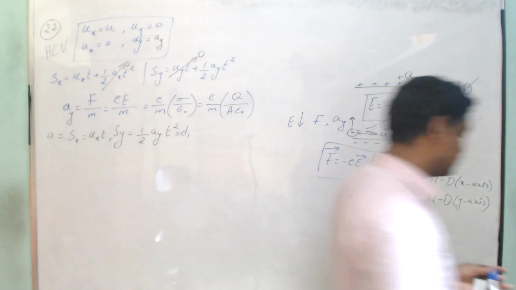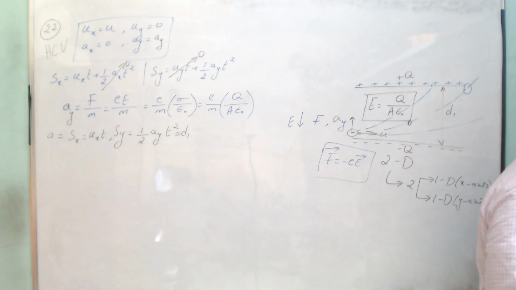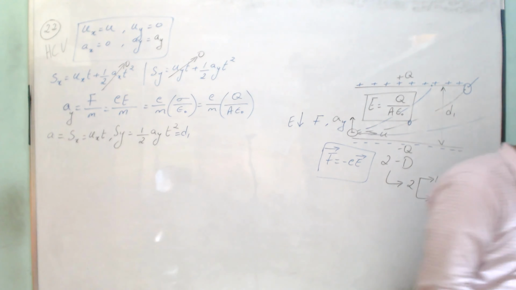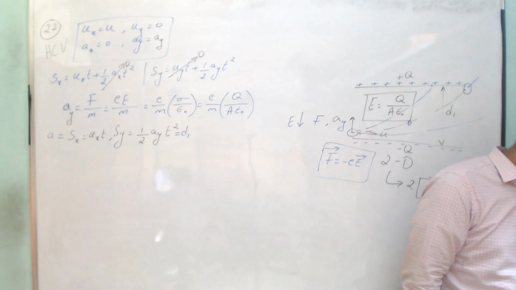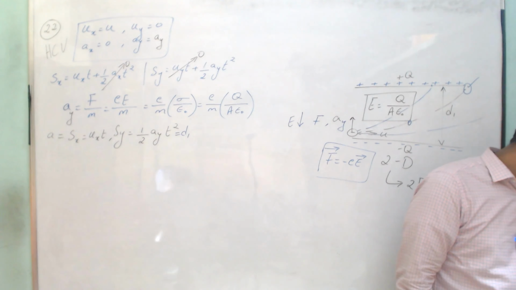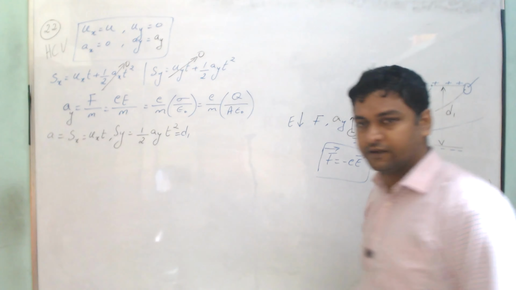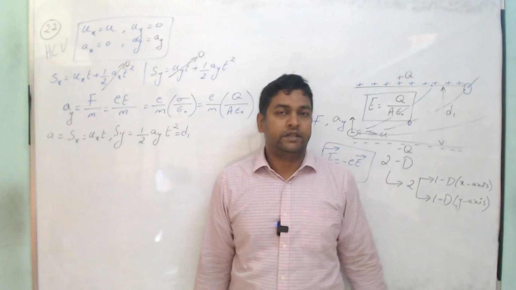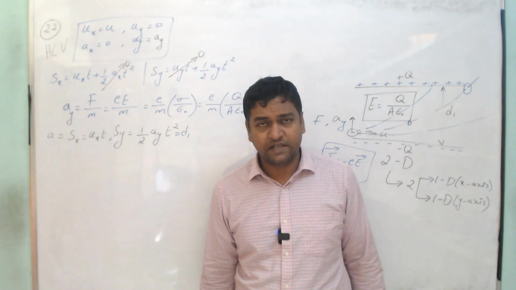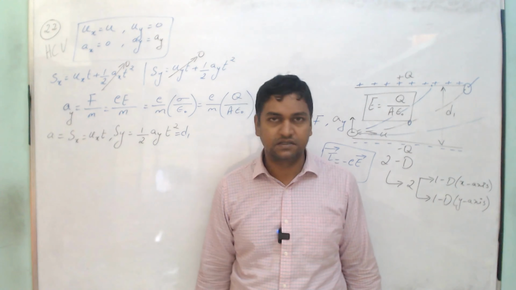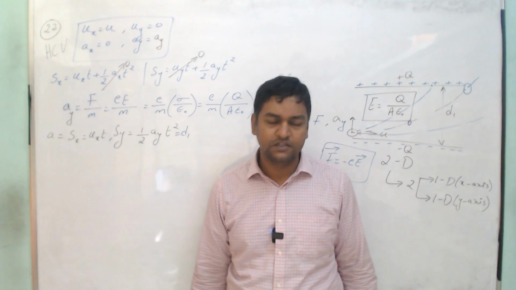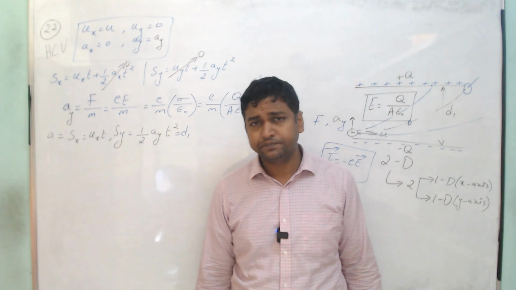The separation between the plates of capacitors are D1 and D2 as shown in the figure. A potential V is applied between the terminals A and B. There are two capacitors. Both the capacitors are in series. So charge is same.